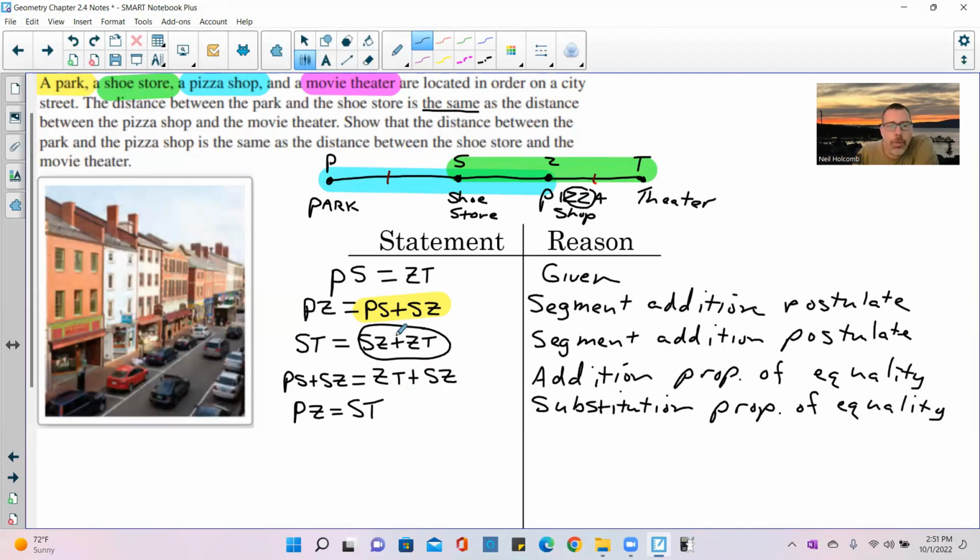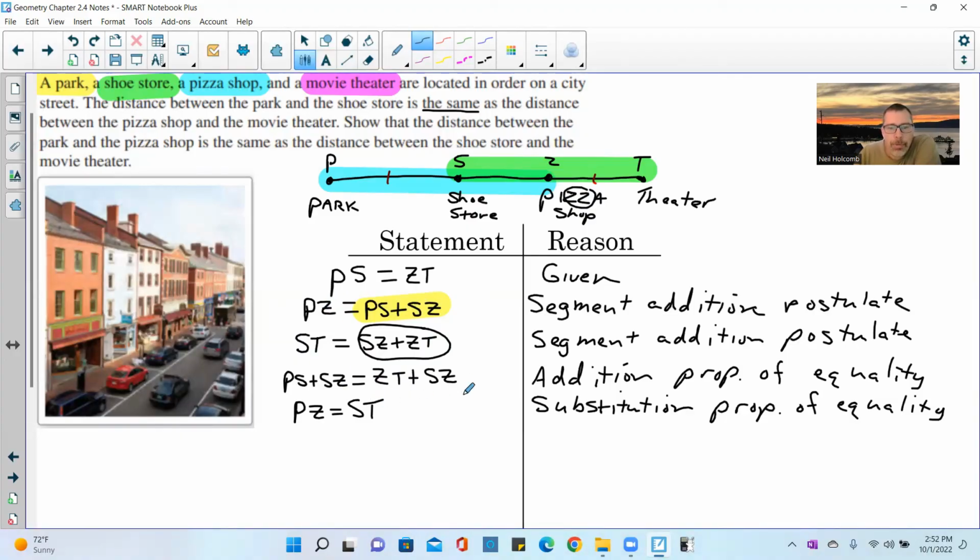And you're saying, well, what are we substituting here? Well, look, ST is equal to SZ plus ZT. So that's ST. PZ is PS plus SZ, and PS plus SZ equals ZT plus SZ, or SZ plus ZT. They're the same. So therefore, ST equals PS plus SZ, and PS plus SZ is PZ.